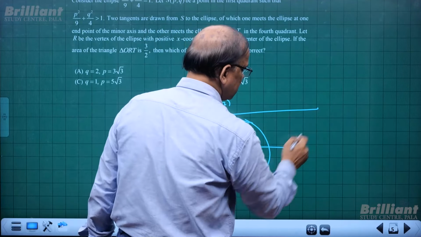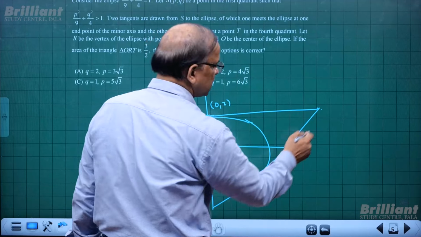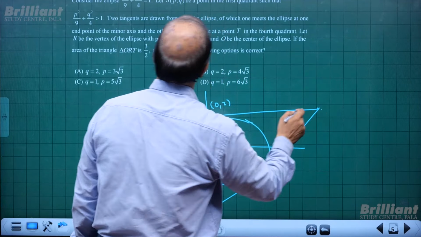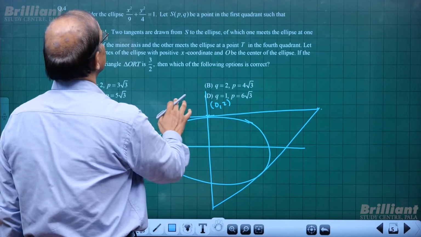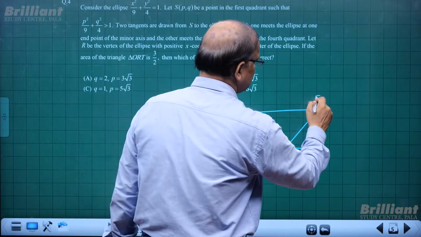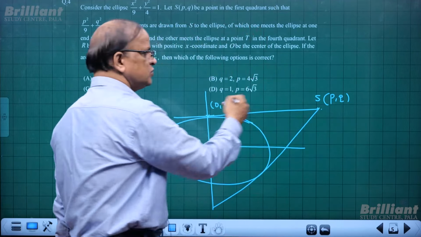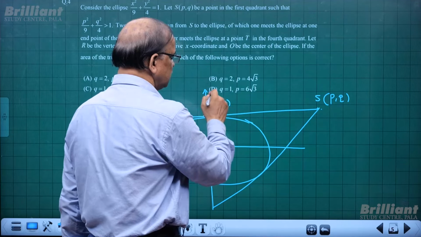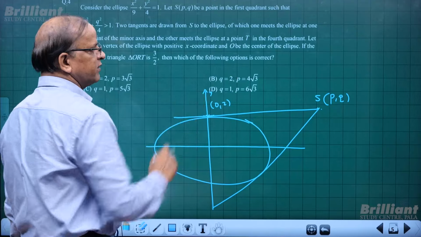This is another tangent in the fourth quadrant, okay? Two tangents are drawn, the point is given, so this is S, P, Q. It is not a focus. So obviously Q is 2 because it is parallel, right? Q is 2.